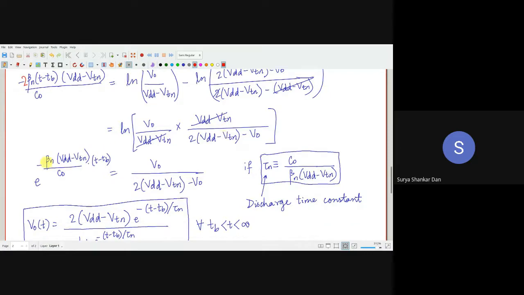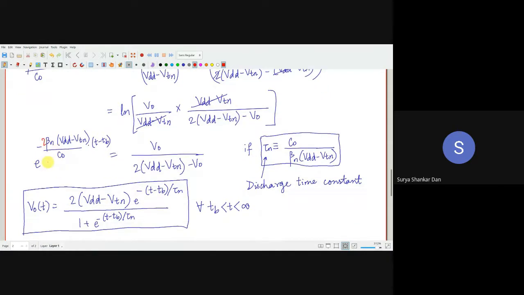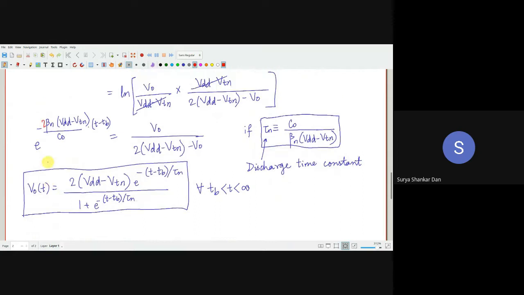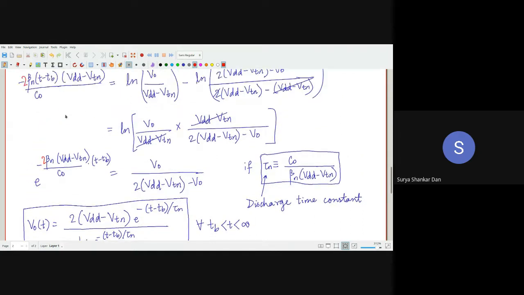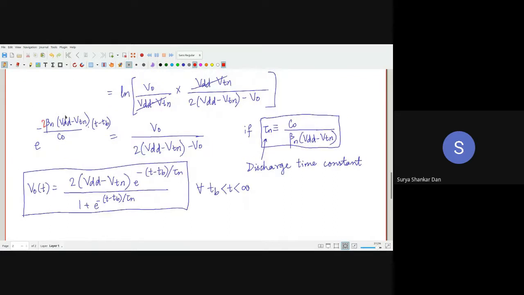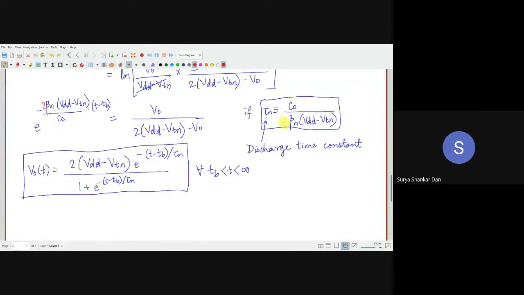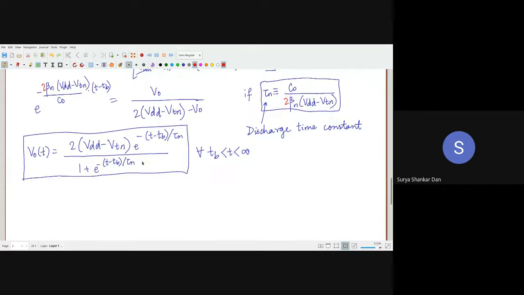There will be a 2. Okay, so since this is ln, I'll put exponential e to the power natural logarithm. So VOT becomes equal to twice VDD, and if you do the, this will be a 2 over here, and you are left with finally this equation.